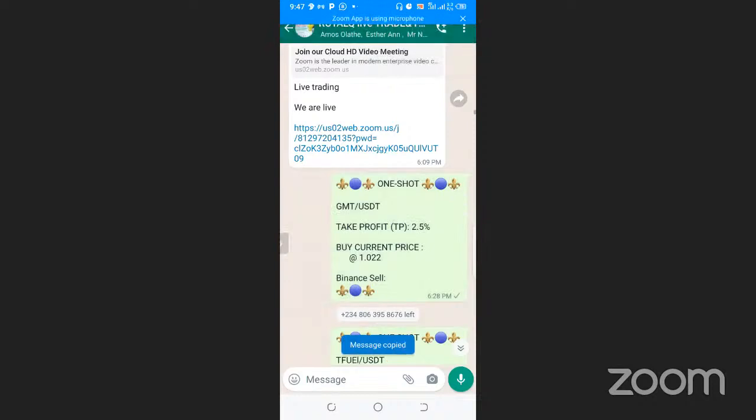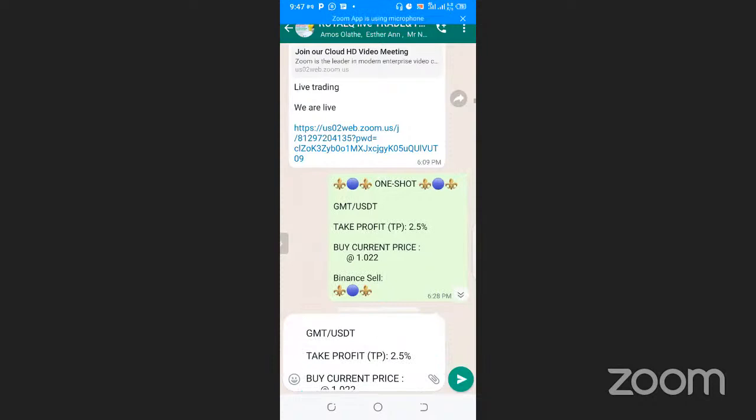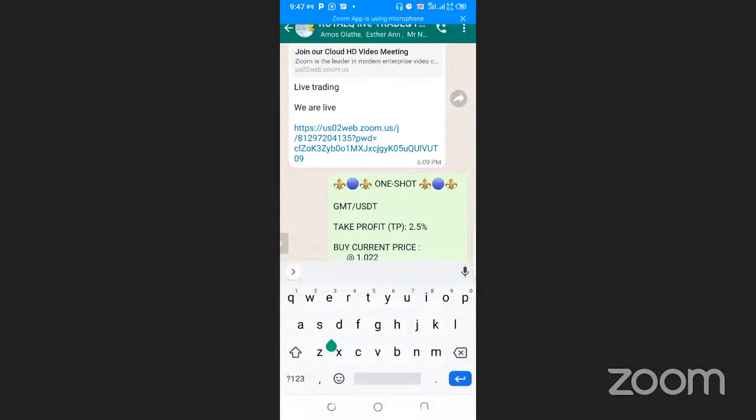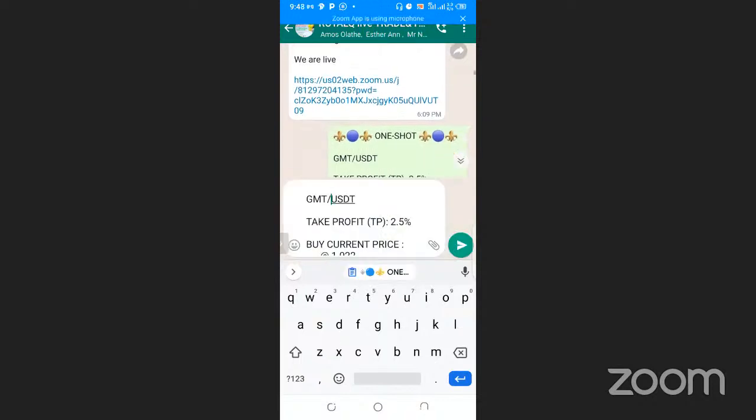TRX is the 4th coin we are going to trade this morning, and we are taking only 1.5% net profit. TRX, just 1.5%.